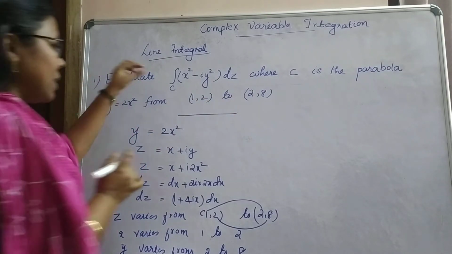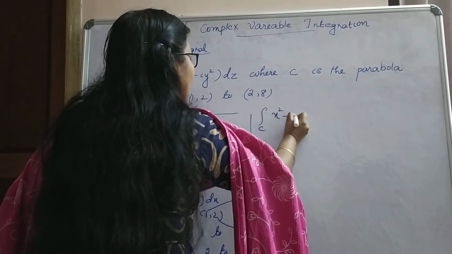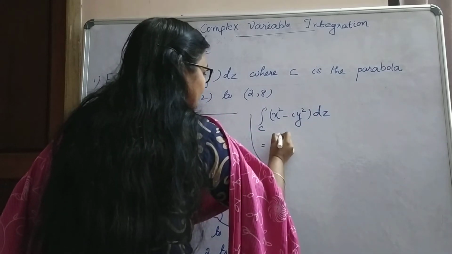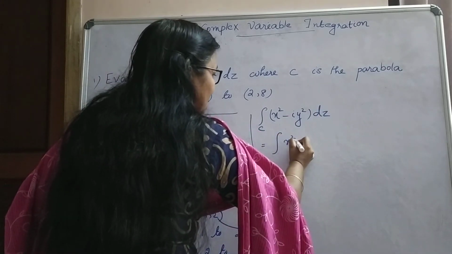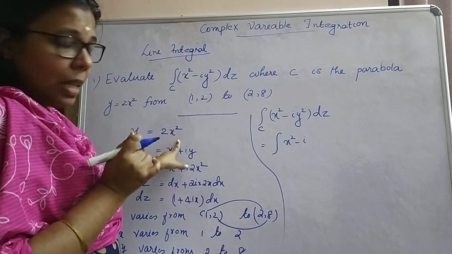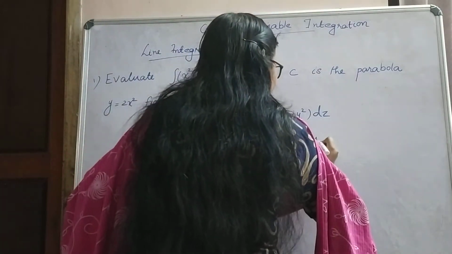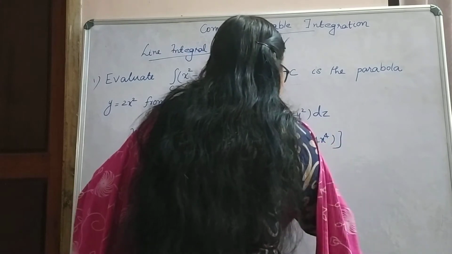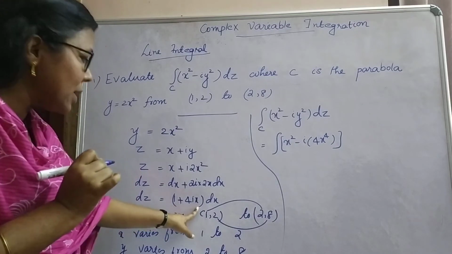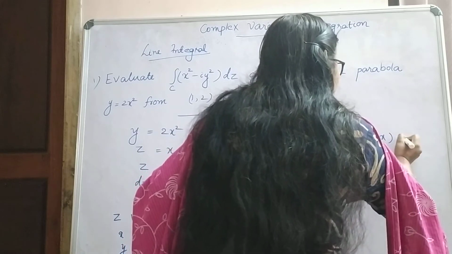Now we have to evaluate the integral over c of (x square minus i y square) dz. Here y is given as 2x square, therefore y square is 4x raised to 4, and dz is given as (1 plus 4ix) into dx.